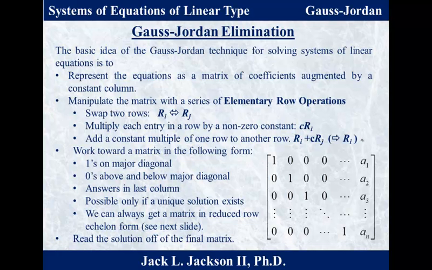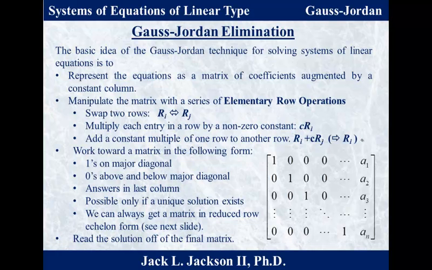We could swap 2 rows, row sub i double arrow row j, swapping row i and j. We can multiply each entry in a row by a non-zero constant, c times row i. And we can add a constant multiple of one row to another row, row i plus the constant times row j, and the implication there is that it's stored back in row i, which is the only one changed.